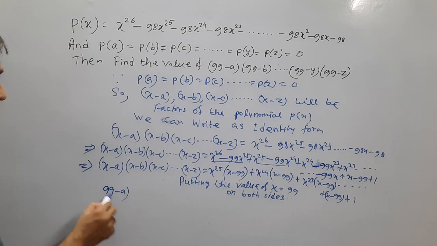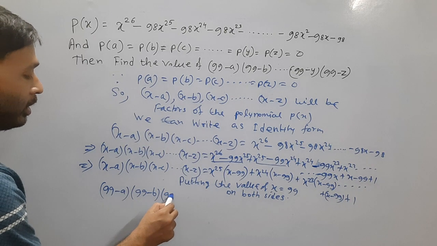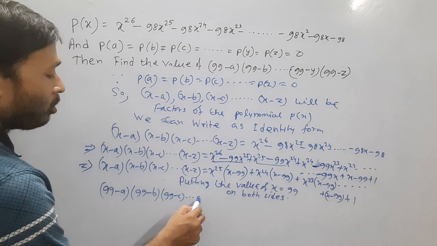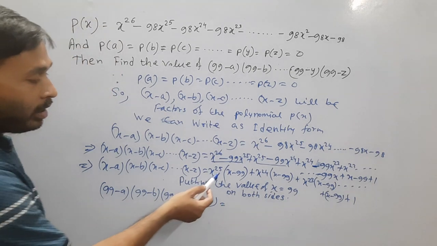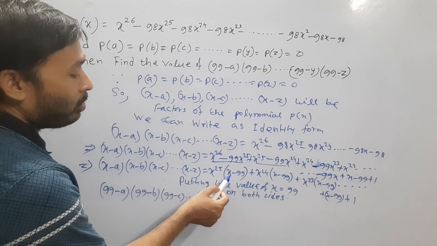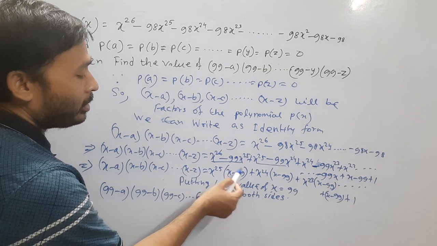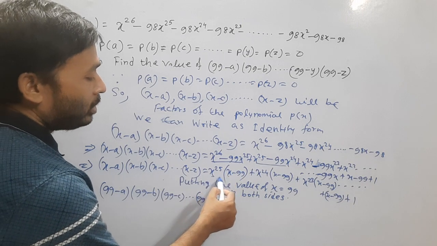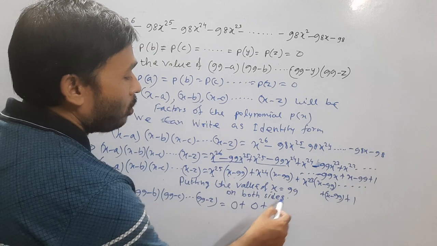99 minus a into 99 minus b into 99 minus c, and so on, 99 minus z is equal to, here if we put 99 we can get 0, because 99 minus 99 is 0. This term will be 0. Similarly this term will be 0.